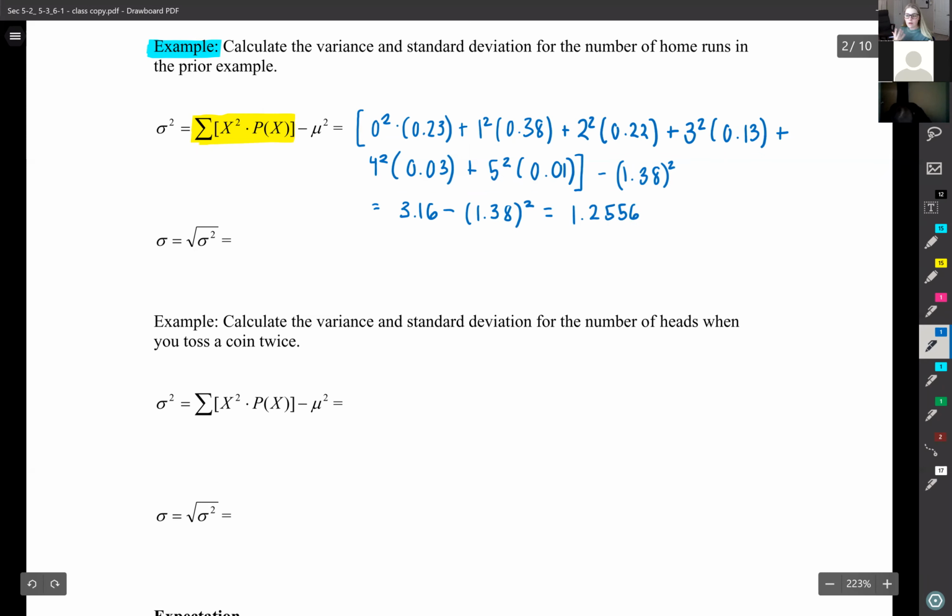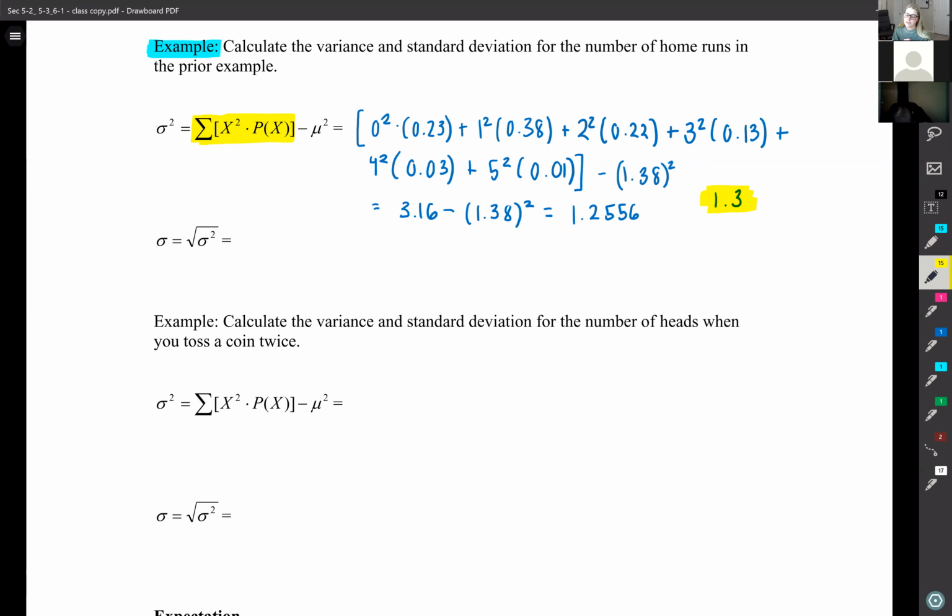And then of course, I'm going to round that to just 1 decimal place because all of my x values were whole numbers. So rounded, that gives us an answer of 1.3. So my variance is going to be 1.3.